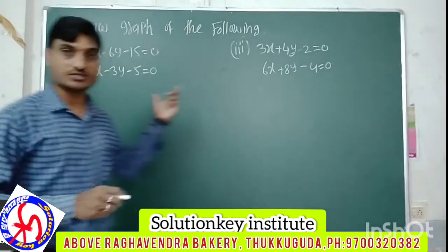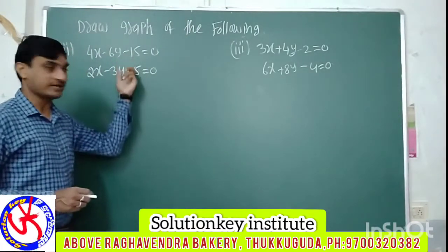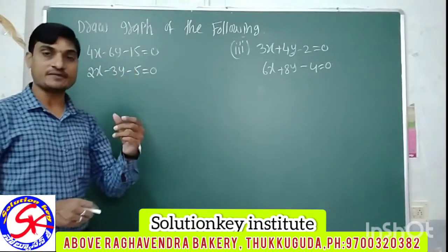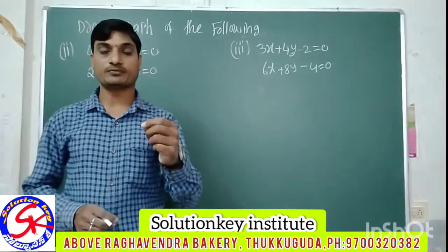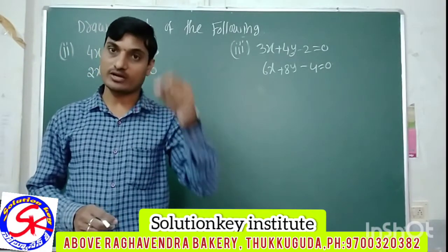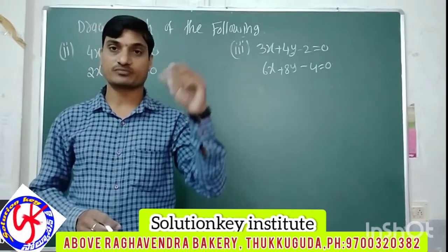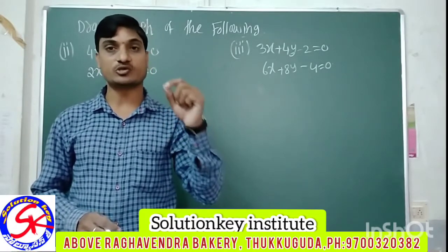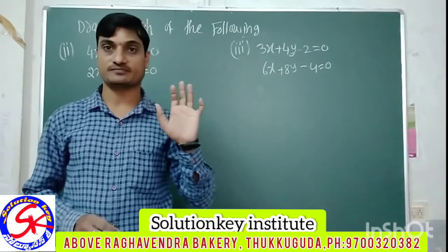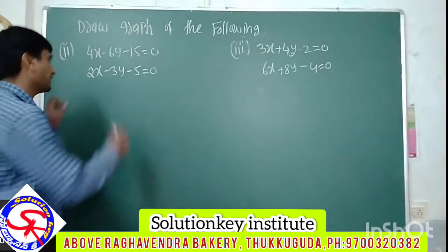I am taking two more pairs of linear equations. You already get some idea of how to draw the graphs for the given pair of linear equations. So first, to check which type of lines this pair of linear equations gives: the two lines intersecting at a point, or the two lines parallel, or the two lines on the same line.